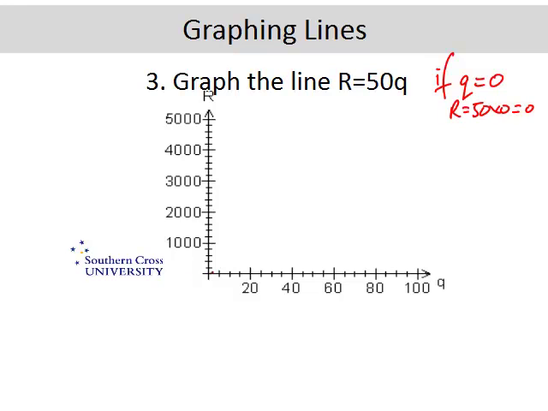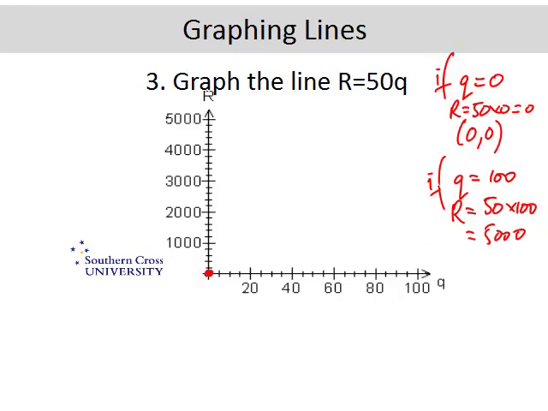So the graph goes through the origin, which is (0, 0). Then take another point. Our graph goes up to about 100. The more we can spread out our points, the better. So if Q is equal to 100, then the revenue will be 50 times 100, which is 5,000.